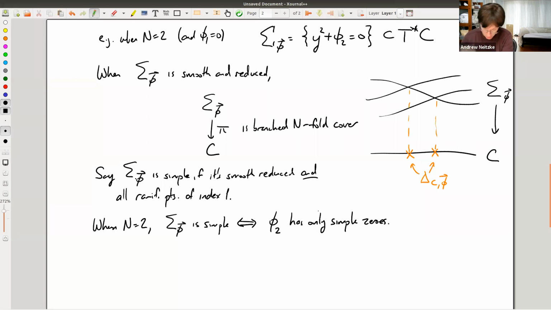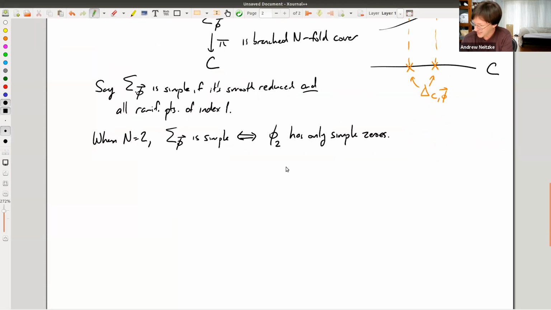Okay, so now I'm going to have to draw a lot of concrete pictures as we go on. So how am I going to picture this cover? I'll picture it in the following way. What I'll do is choose a local trivialization of the cover.